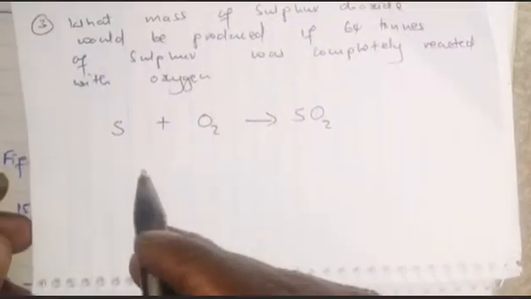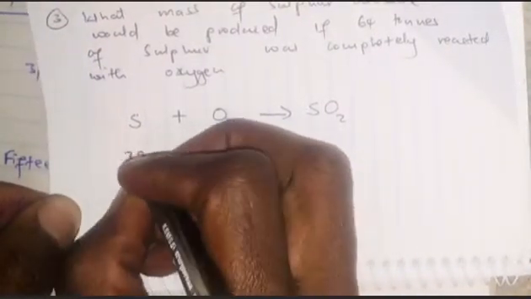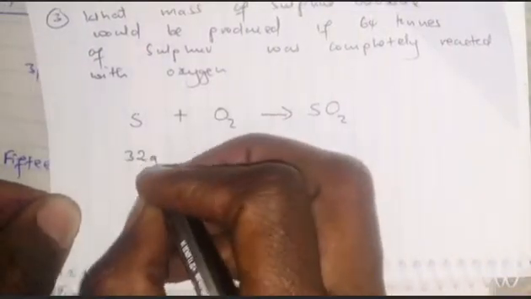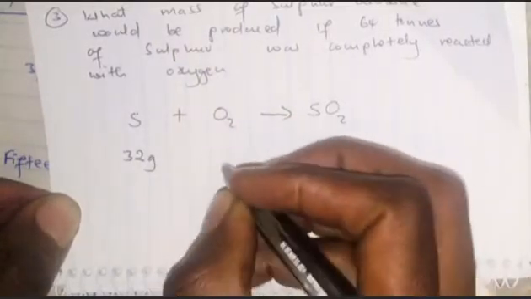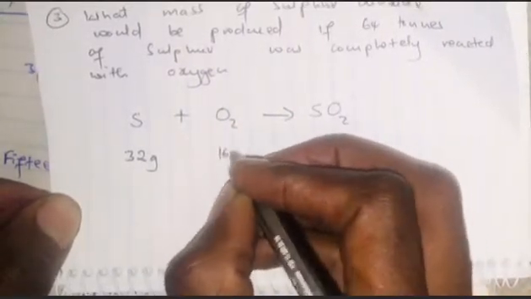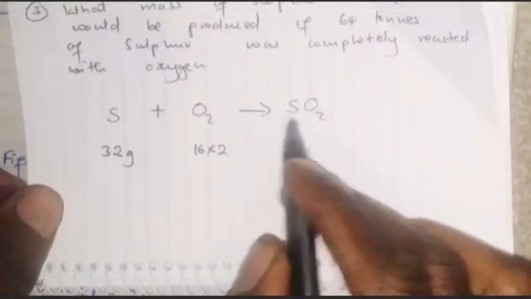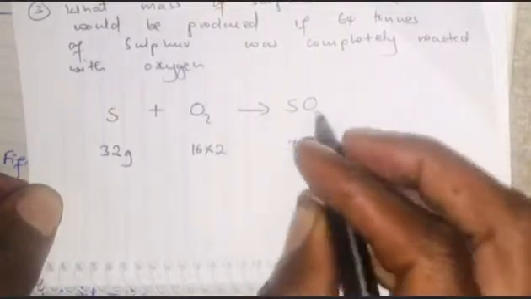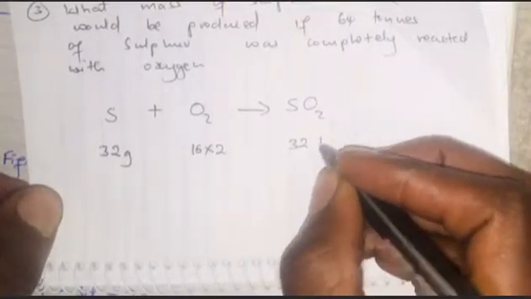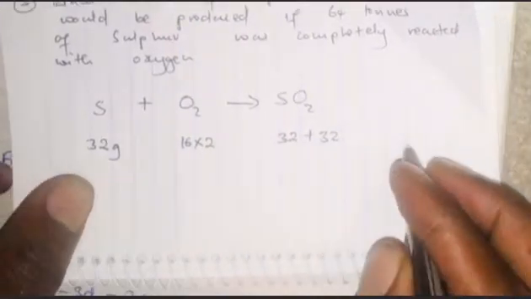Then the atomic mass of sulfur is 32 grams. So 32 grams of sulfur reacts with oxygen, that's 16 multiplied by 2, giving 32 grams of oxygen. 32 plus 32 gives me 64.